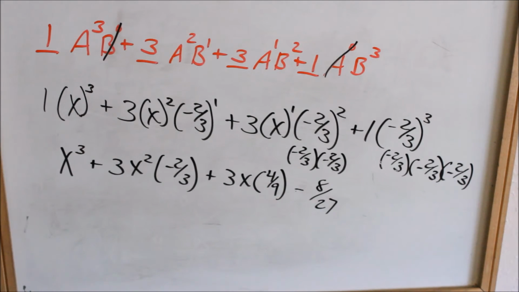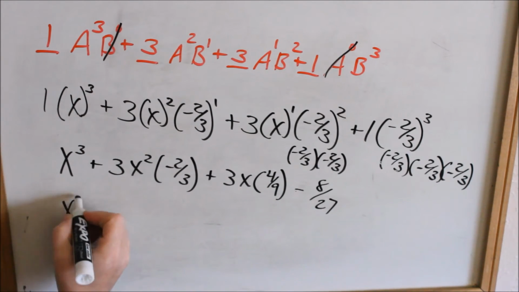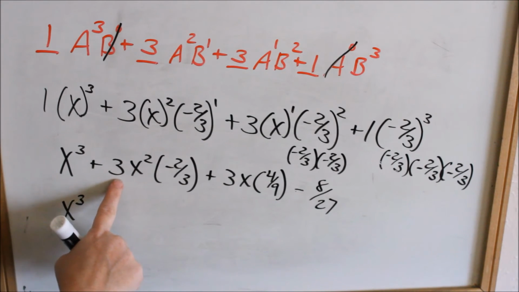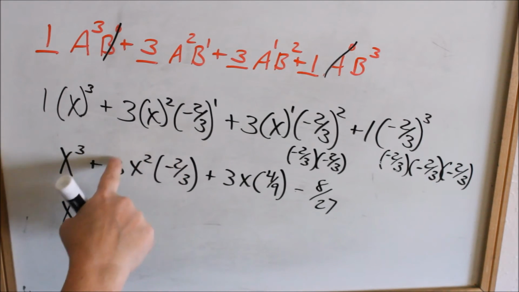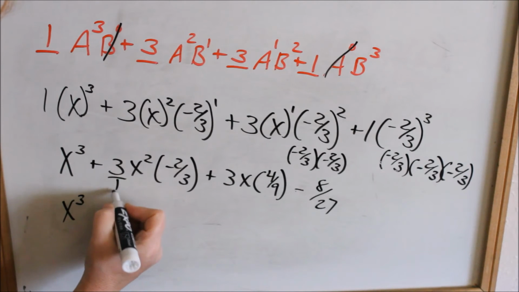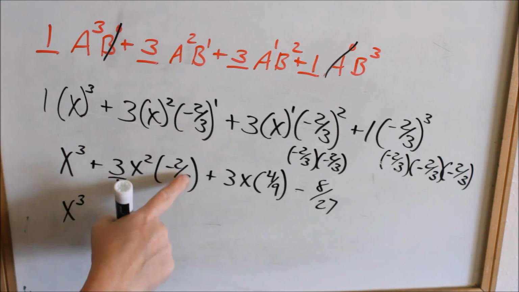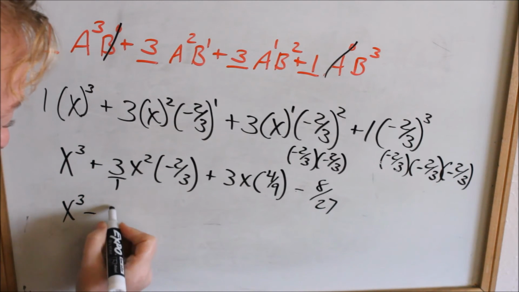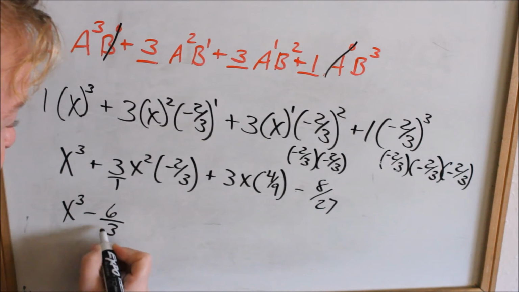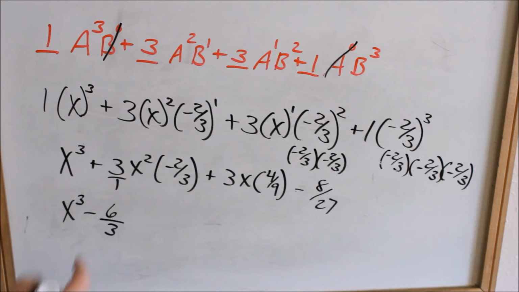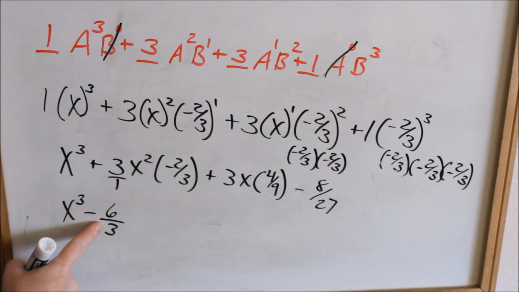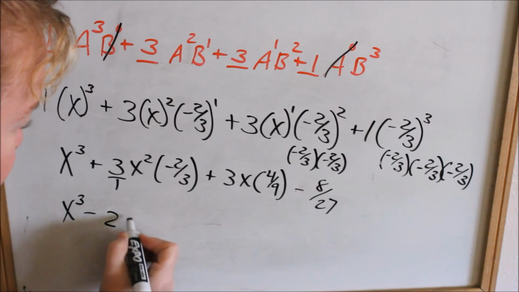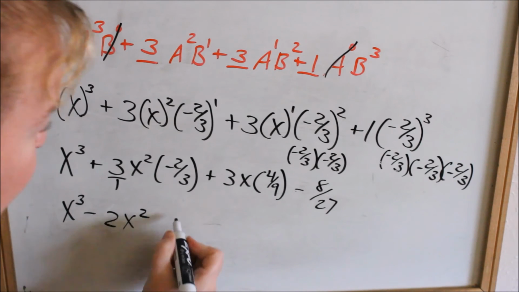So now let's keep simplifying. So this would be x cubed. 3 times negative 2/3. I'm going to multiply my numbers together. This is like 3 over 1. 3 times negative 2/3, I'm going to get a negative. And that would be 3 times negative 2, which is negative 6 over 3. Or you can say your 3's cancel here and you're left with negative 2. Because negative 6 divided by 3 is just negative 2, so negative 2x squared.